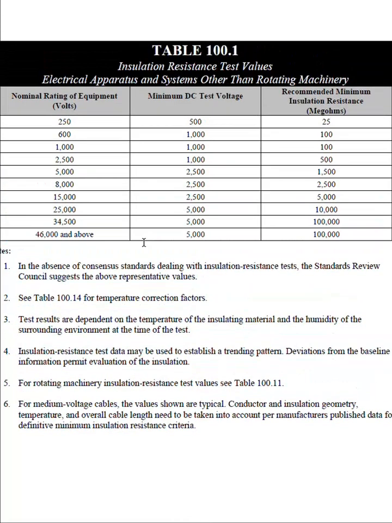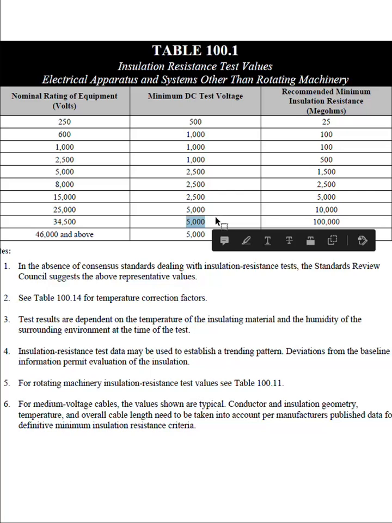Okay. So we're testing these cables, and these are 35 kV cables. So we're here. We're going to test them at a minimum DC test voltage of 5 kV, and 5 kV is really nothing for this cable. Okay, 35 kV divided by 1.732 is 20 kV.